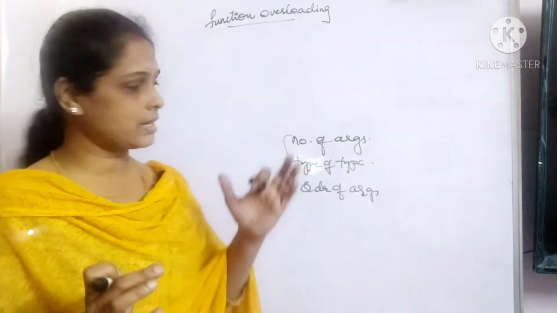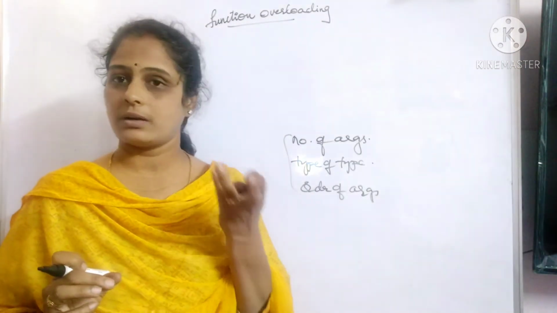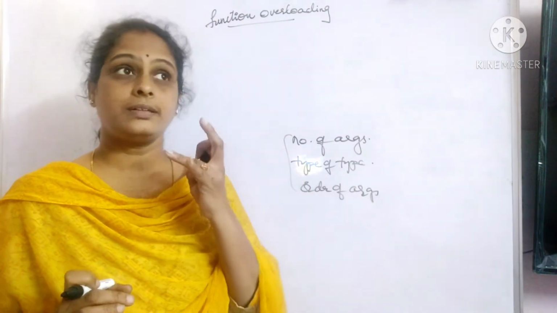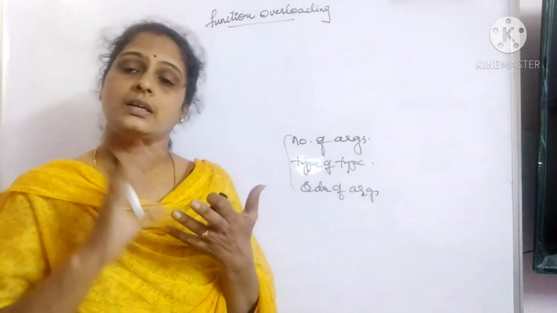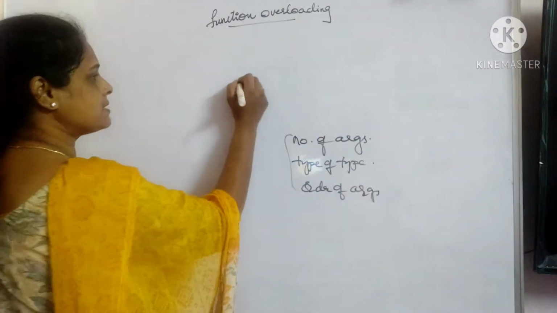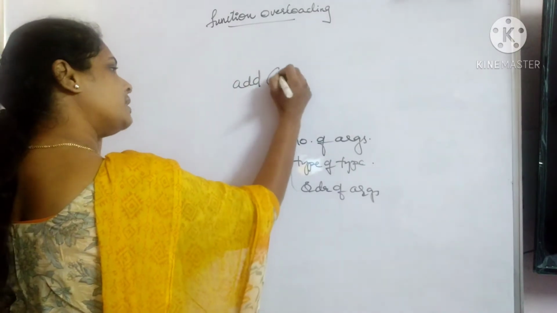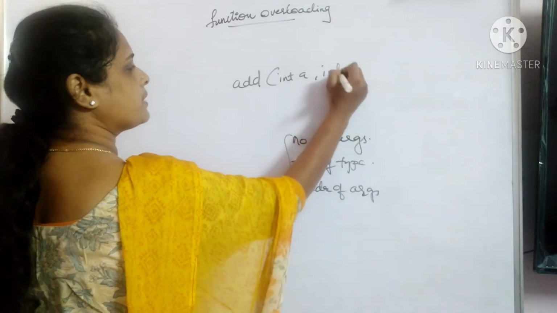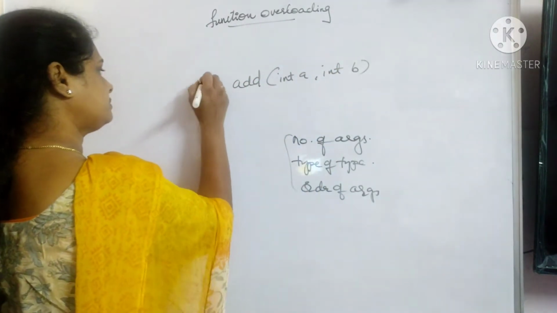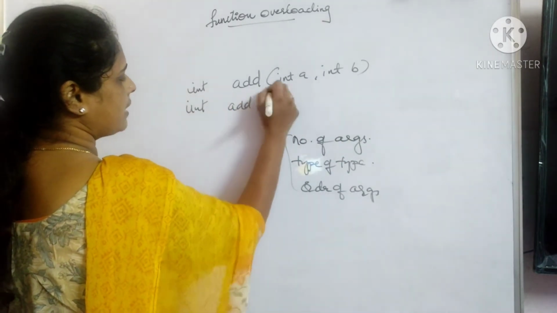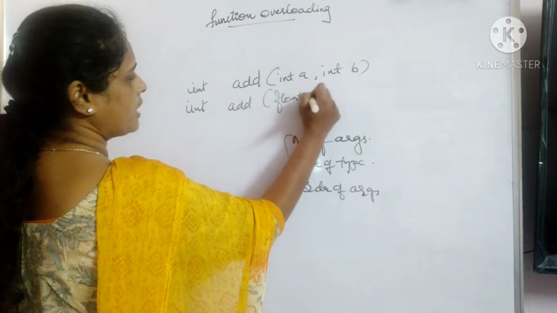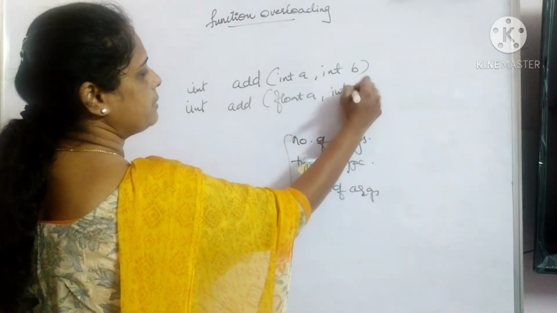The signature consists of the number of arguments it has, the different data types, meaning the type of each argument, and the order of the arguments. In some cases, I may give int a comma int b. Maybe in another case I may give add float a comma int b.